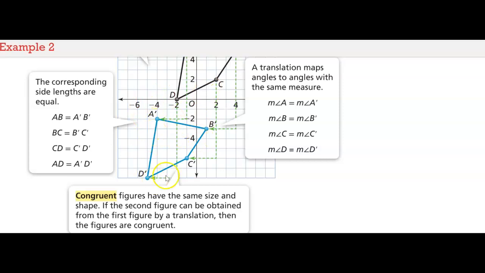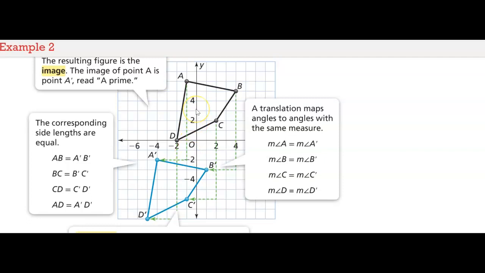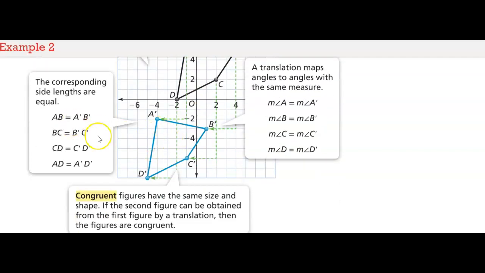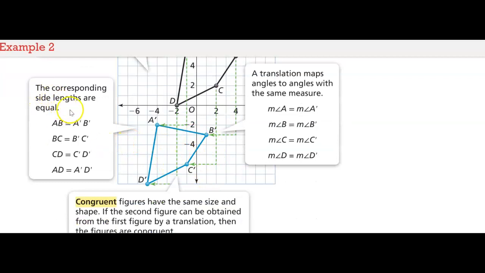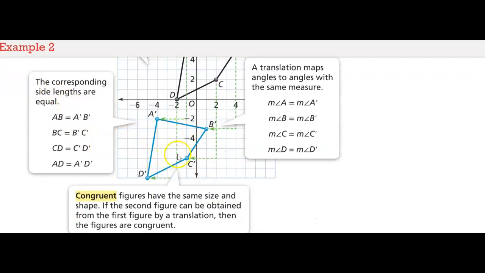You redraw those new points and connect them, and you get your polygon drawn in the translated space that they asked us to do. So here it is with these new angles, and it says congruent figures have the same size and shape. If the second figure can be obtained from the first figure by translation, then the figures are congruent, so they're the same.